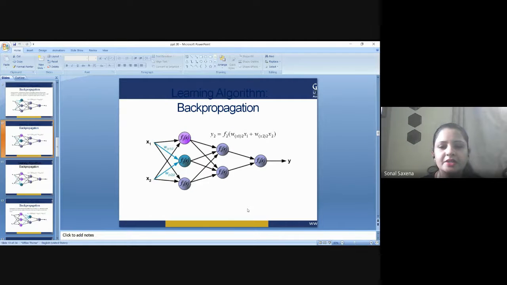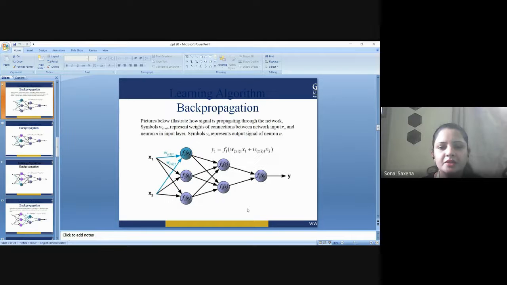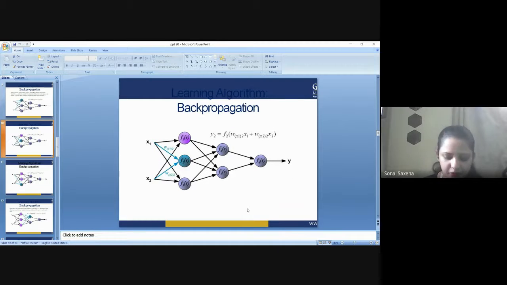In the neuron, you can see the value is here. You see y1, the formula you can see. The same is with the second input that we have in the hidden layer. Let's see. This is the formula for the second.